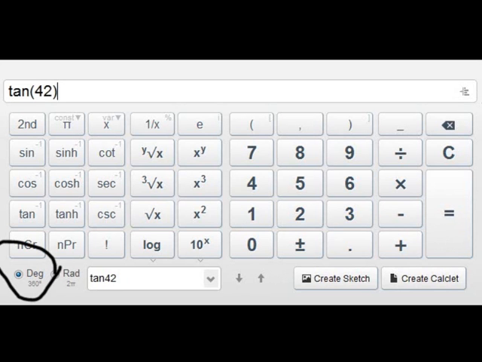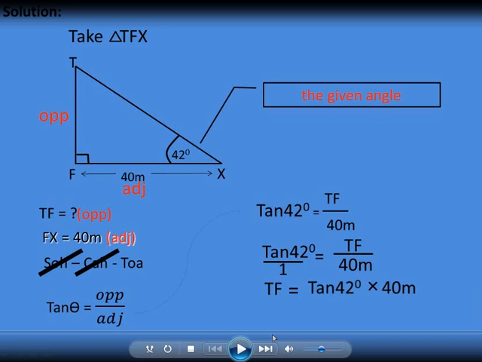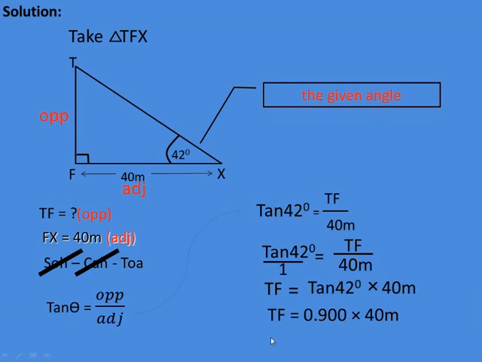So tan of 42 degrees is going to be equal to 0.9004, and working with 3 decimal places, this would be 0.900. So TF is going to be equal to 0.900 times 40 meters. So TF is going to be equal to 36 meters, corrected to 2 significant figures.